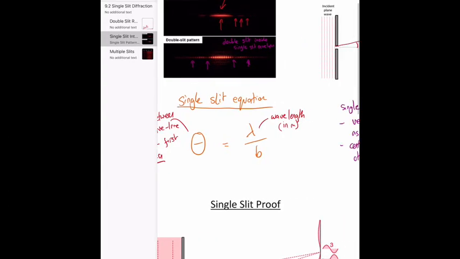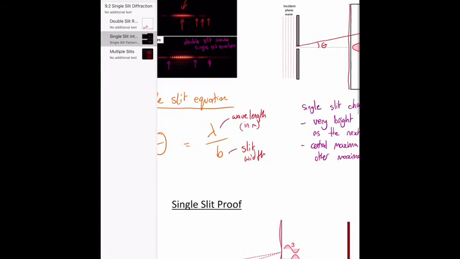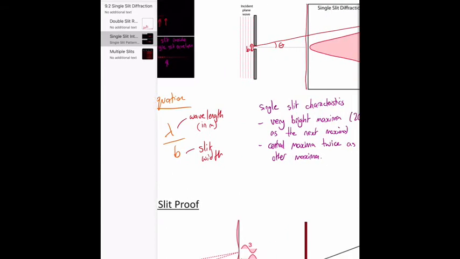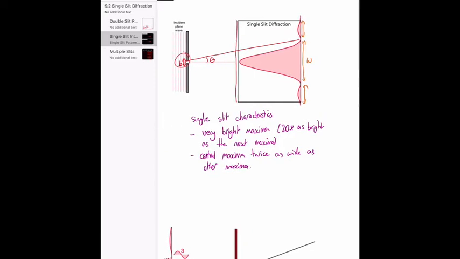Okay. b, on the other hand, is going to be the width of that slit in meters. So that's going to be that distance there. So we've got this value b, the width of the slit, and then theta, the angle to the first minima. Okay, we're going to do a little derivation of that equation in a second.